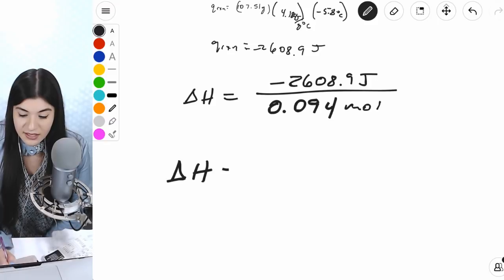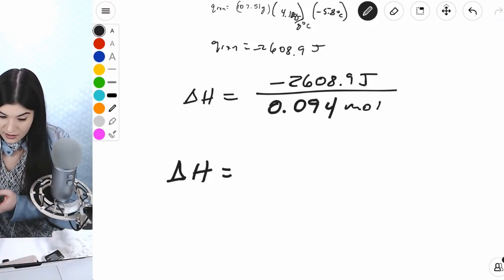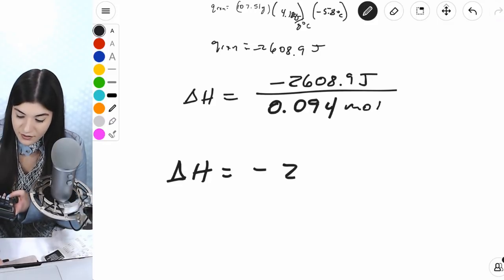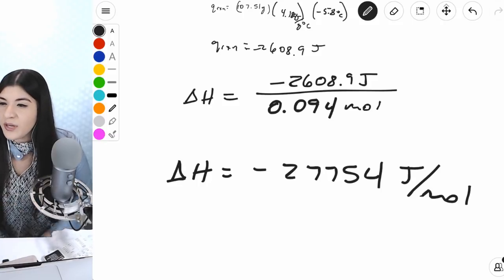We'll divide those two values together, and then that'll give us our answer. Dividing these two numbers, negative 27754 joules per mole. That would have been our change in enthalpy.